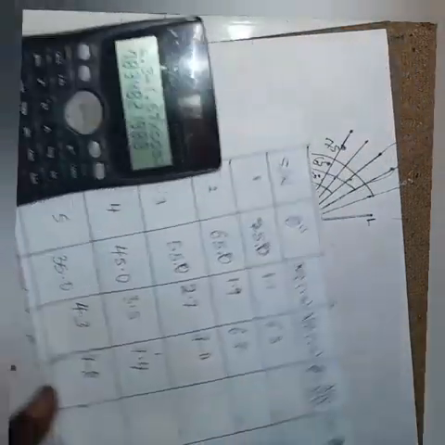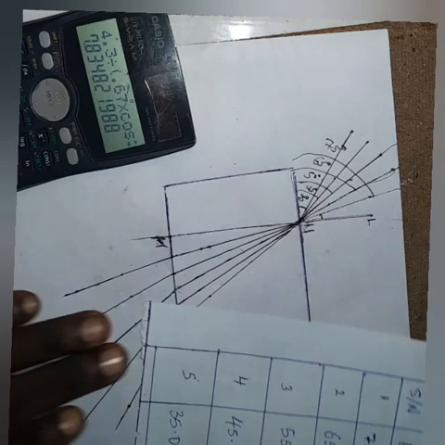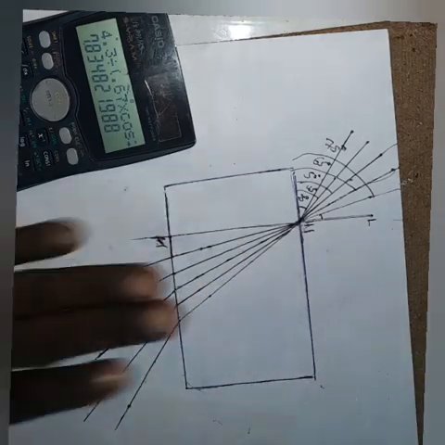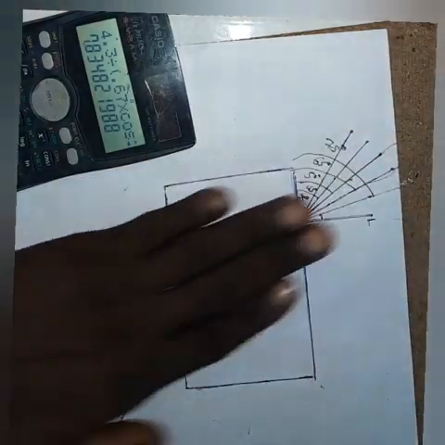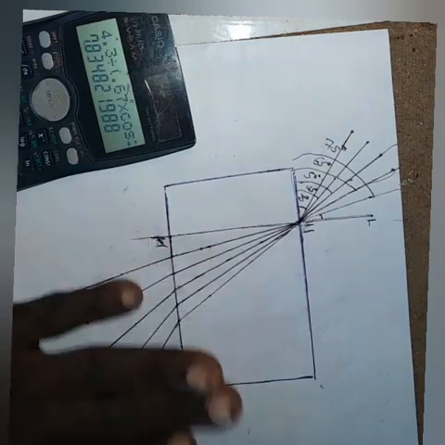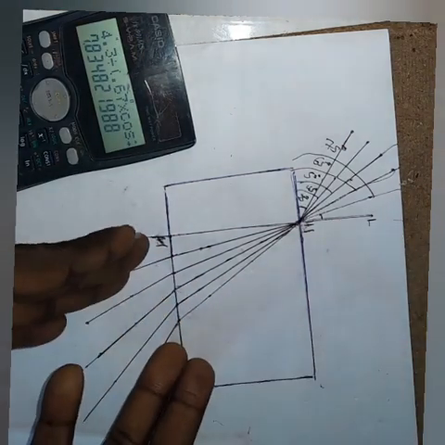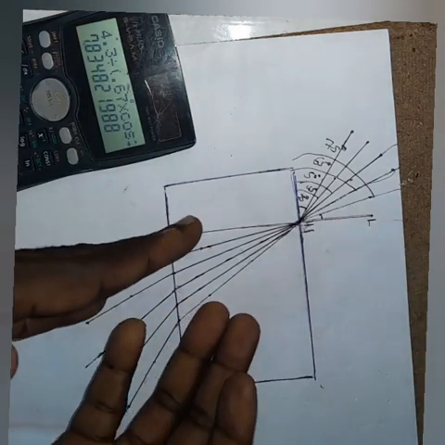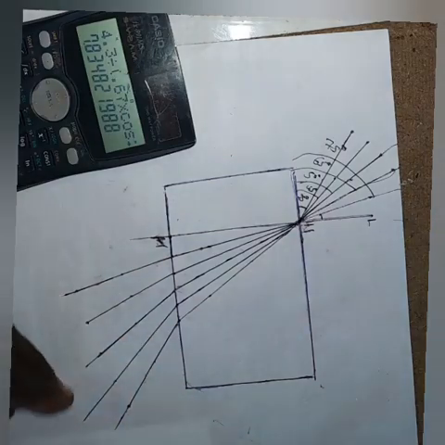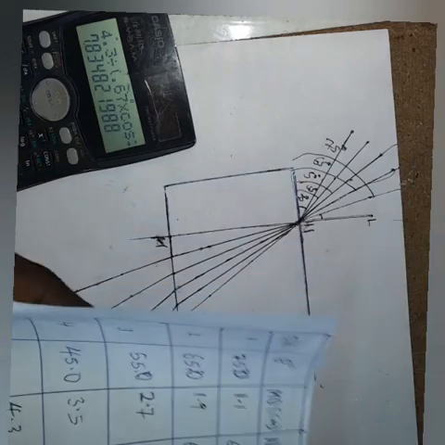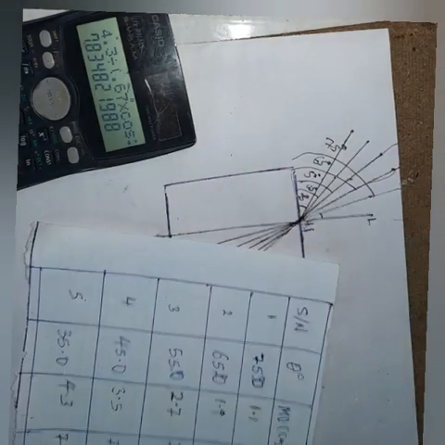So these are my values. Without looking through the glass, I've been able to write out my neat diagram. Now I'm using a pen, that's why it looks like this. If I'm using a sharp pencil, it's going to be neater than this, and my work is going to be faster because I will not have to be looking through and taking too many measurements.